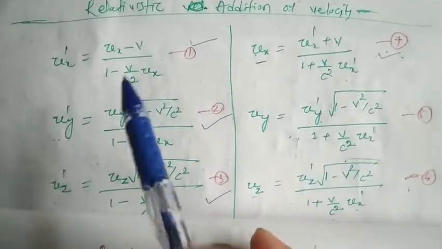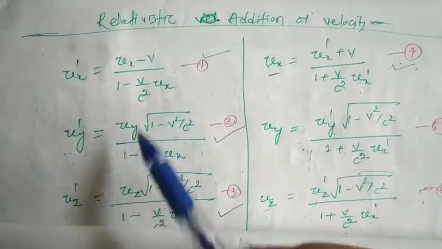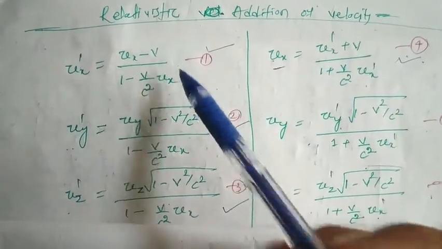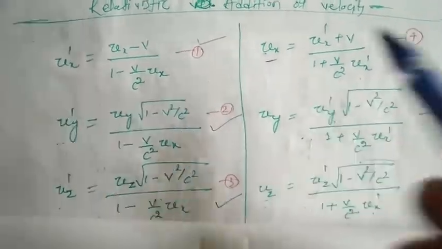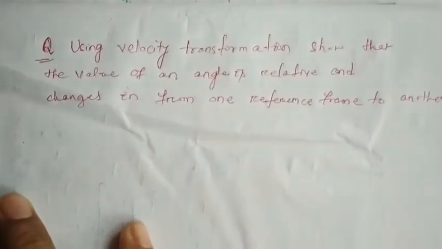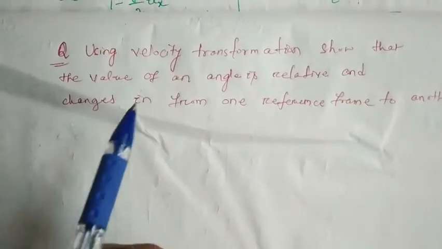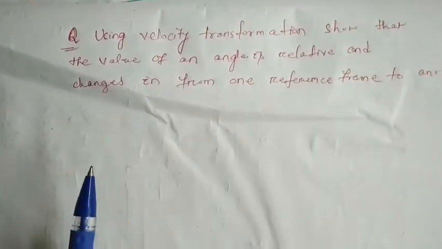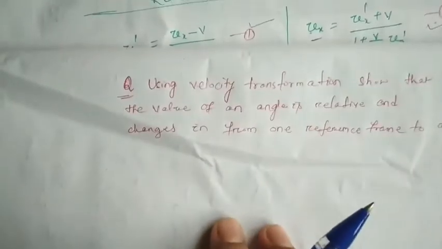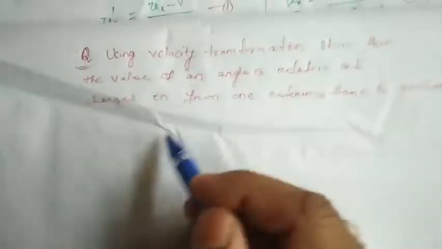Now, by considering these six equations, which belong to relativistic addition of velocity, 1, 2, 3, 4, 5, 6, we are going to do the first problem. I suggest first write this question, then pause the video and write down the answer whatever I'm going to discuss.